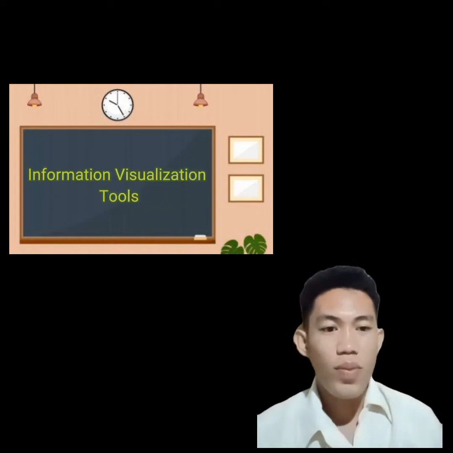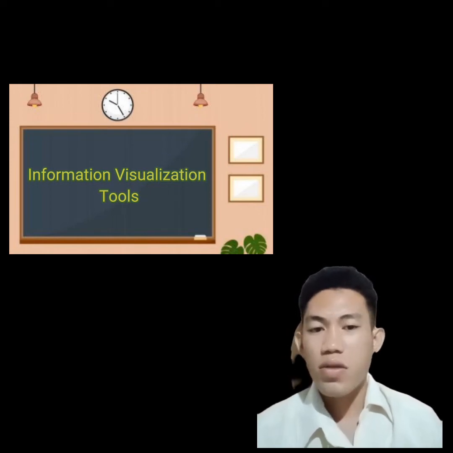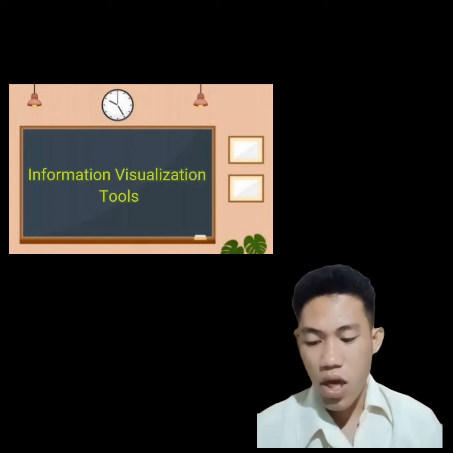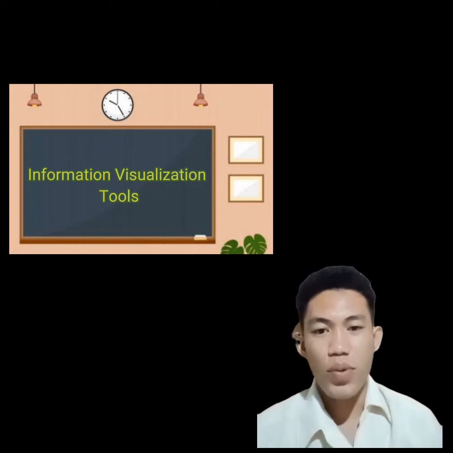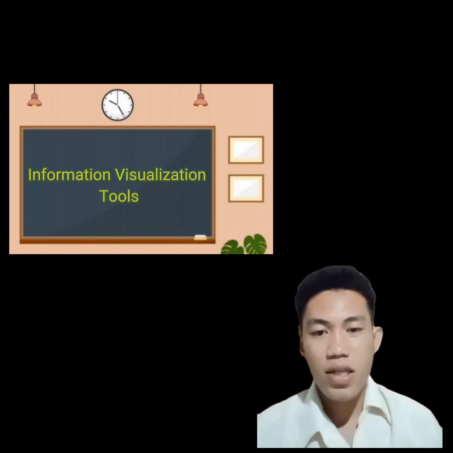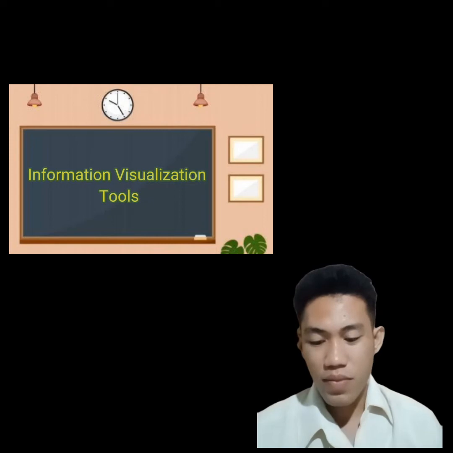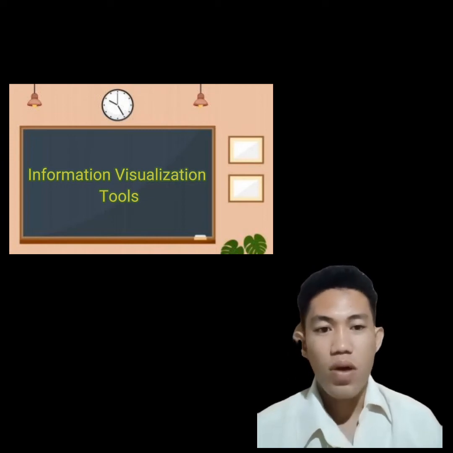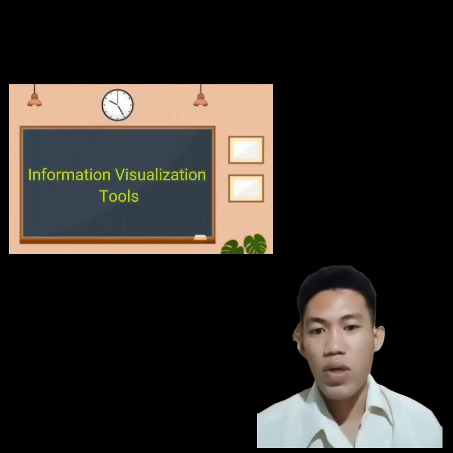So the next one is information visualization tools. Technology can also clarify and stimulate through transforming words into pictures, helping students to visualize the information that they are receiving. It also helps develop their critical thinking skills, and it can help them analyze, view, or manipulate the information that they acquire and how they are going to use it.